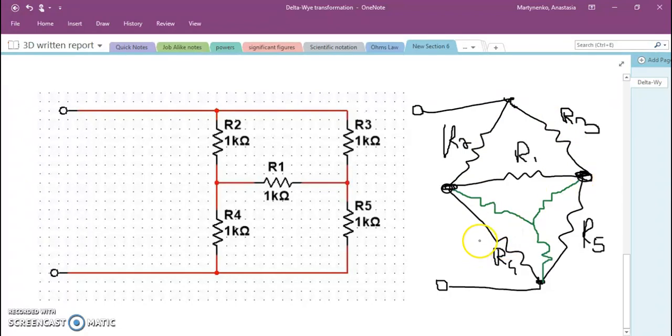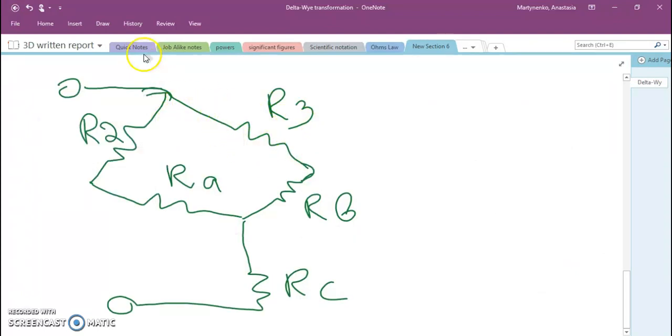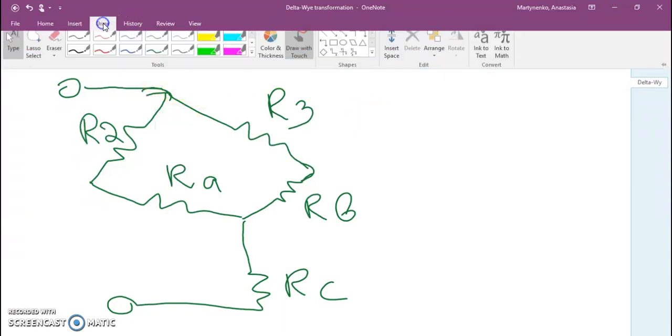Once I do the substitution, and let's call this one RA, and this one RB, and this one RC, my circuit is going to be solvable. So let's take a look what it's going to look like once I do the substitution. I end up with something like this. Now, this is very poorly drawn, but you guys can see what I'm getting here.